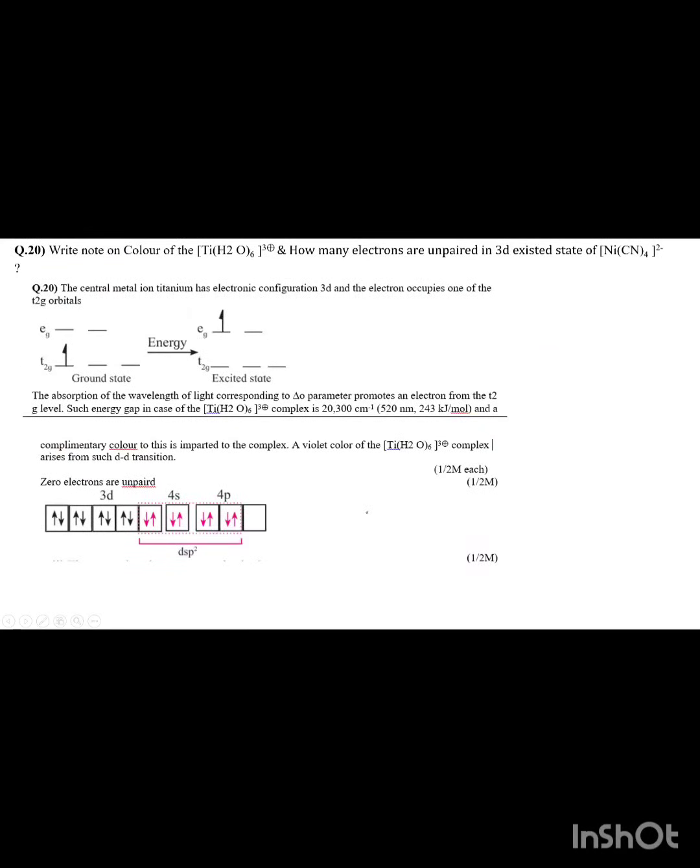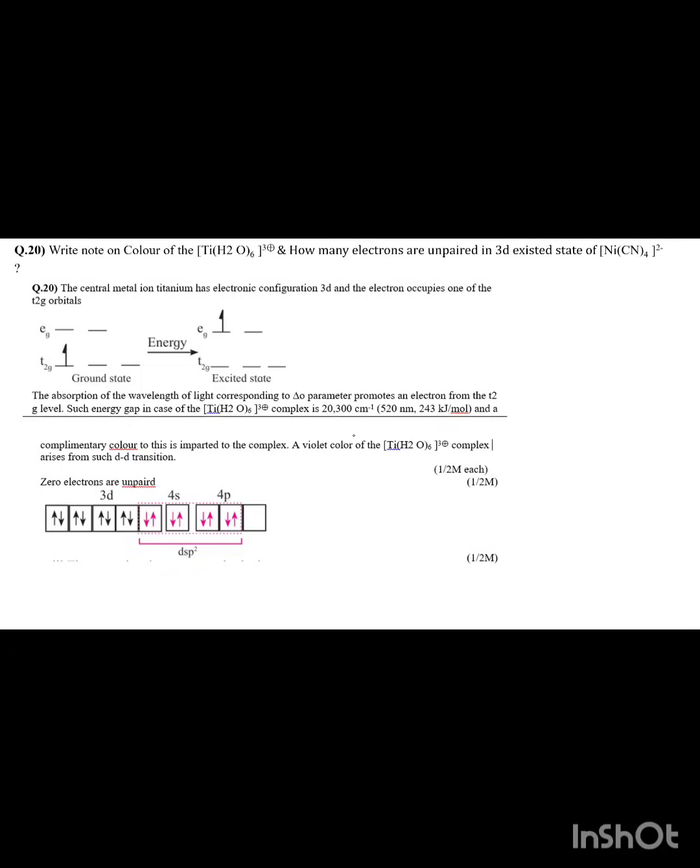Next one, write the color of hexaaquatitanium 3 plus. How many electrons are unpaired in 3d oxidation state of NiCl4? The central metal titanium has 3d1 electronic configuration. If you are observing the ground state of titanium, then the electron configuration is 3d1.